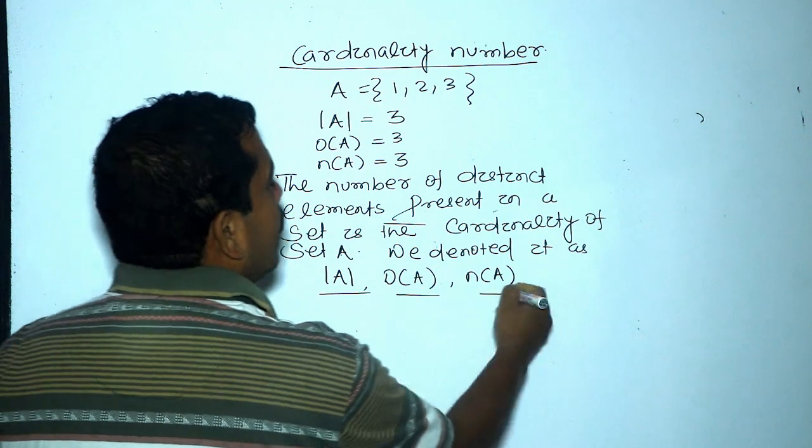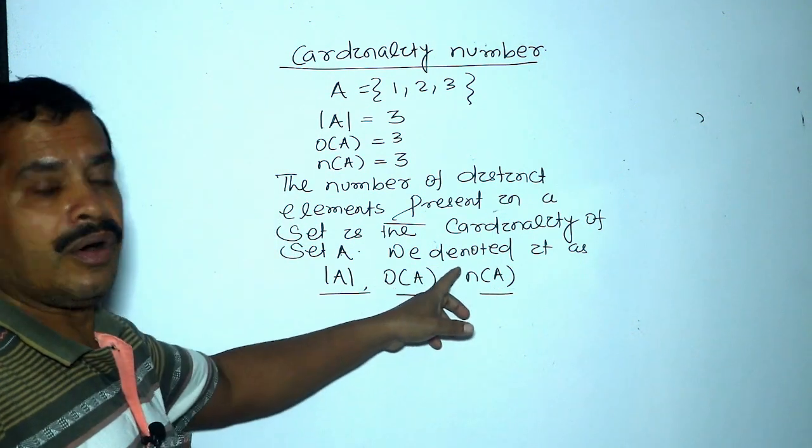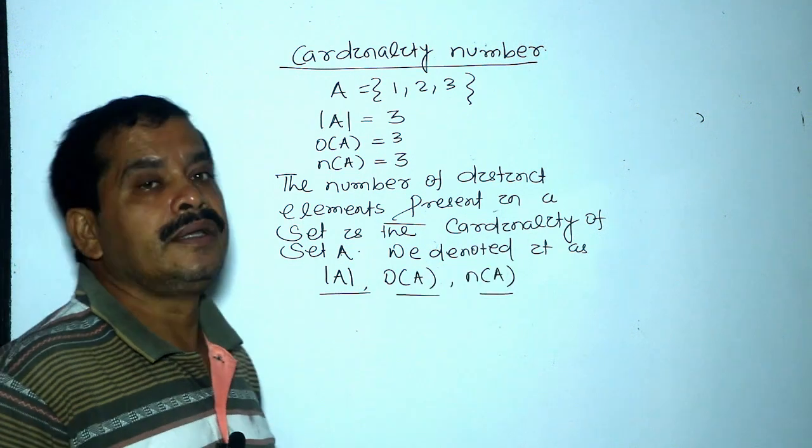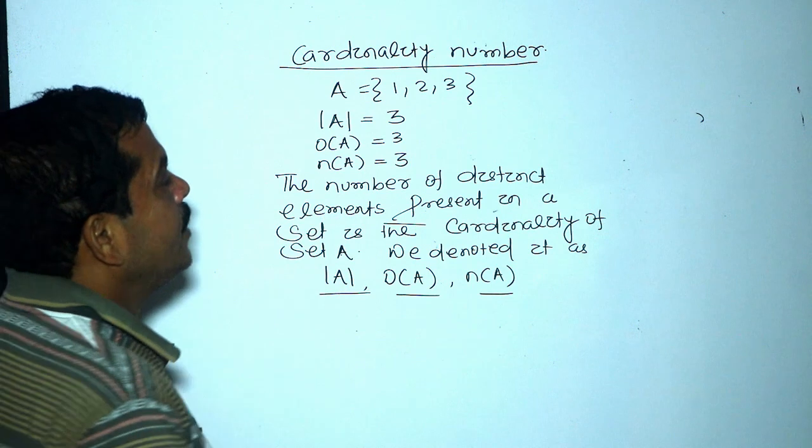That is the cardinality of A or order of A or number of elements in A. That is the number of distinct elements present in the set.